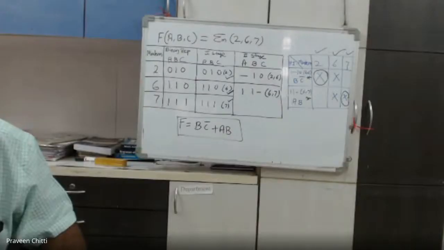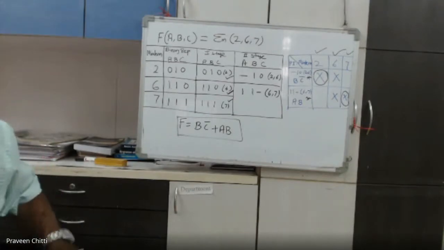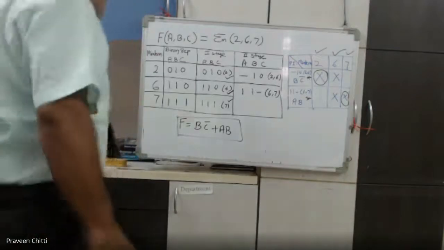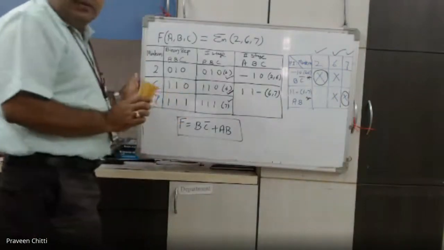Yeah, you can take down this example then. Second example, f of a comma b comma c comma d. Shall I clean the board?